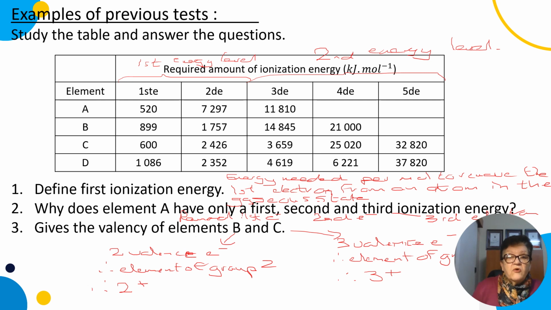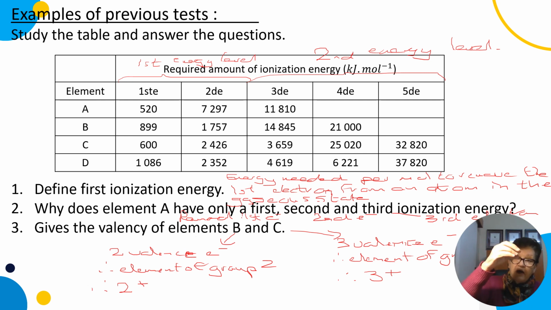So you will see for all the elements A, B, C, and D, the first ionization energy, in kilojoules per mole, is low compared to the second ionization energy, and the third one is even more, and the fourth one even more, and so forth. And the reason is, as you remove the first and then the second, and then the third, fourth, and then the fifth electron, you're getting closer to the nucleus.